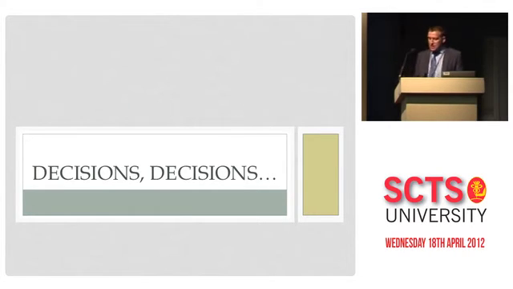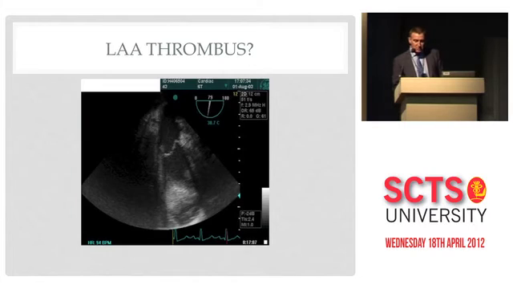Right, I'm going to wind up, and this is the final quick fire round, as they seem to have on quiz shows, and maybe I can ask your help in looking at some of these. So this was an aortic valve replacement, and post-operatively, I looked at the left atrial appendage, and this is what I saw.